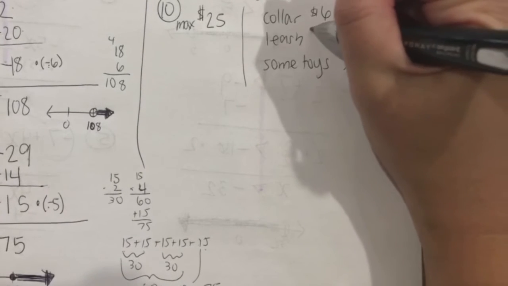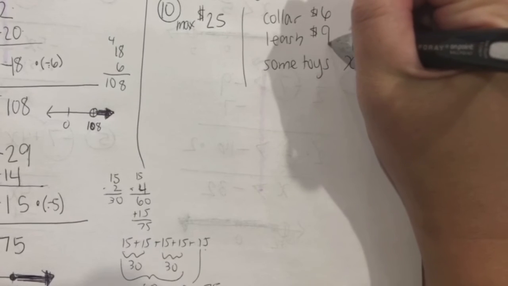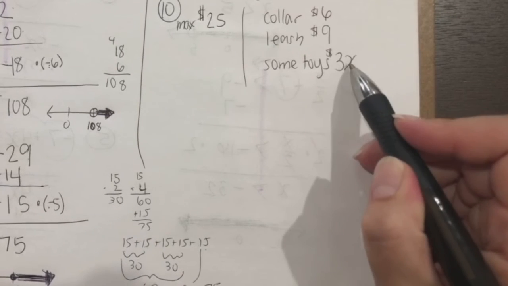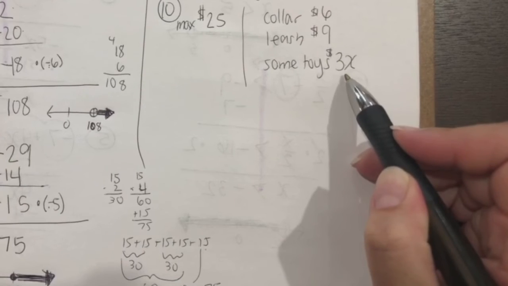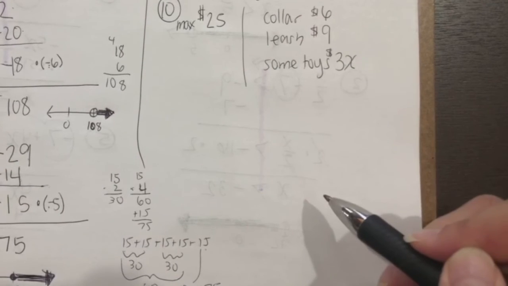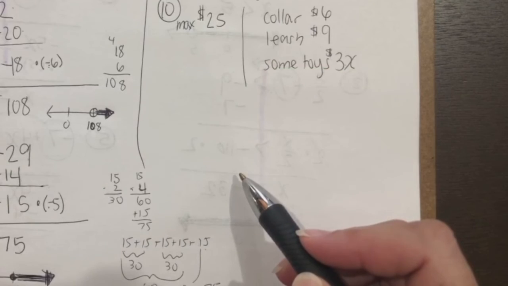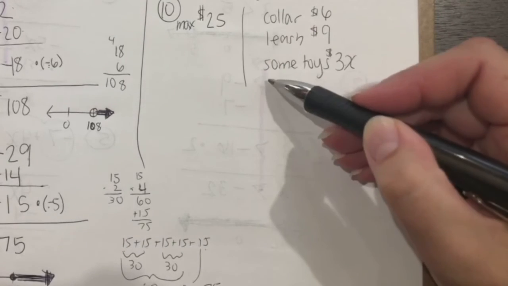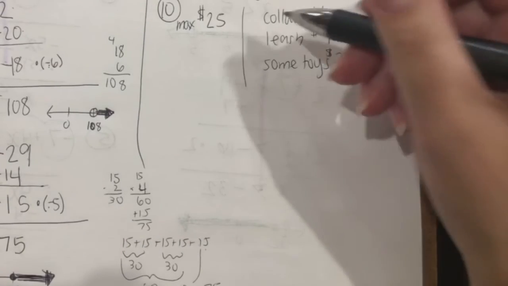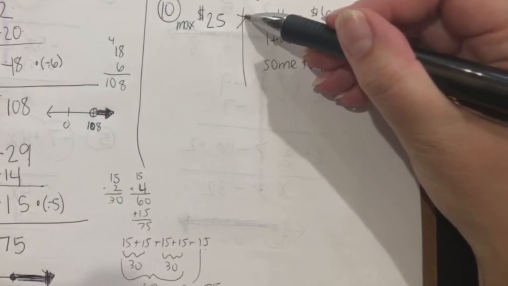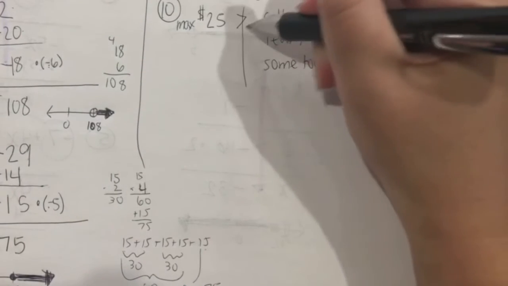The leash is $9. And the toys are $3 each. So $3 times however many toys we're going to get. So 3x. So if the maximum she can spend is 25, that means all of this added together has to be less than, this is the less than, so we're pointing down here, or equal to.